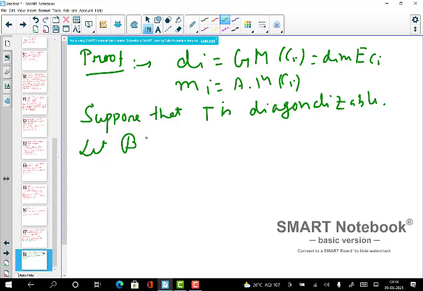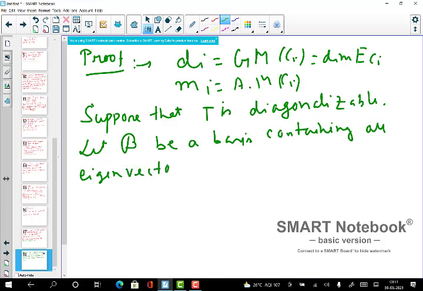Okay, so let B be a basis containing all eigenvectors of T. Okay, so this is the meaning of diagonalizable.